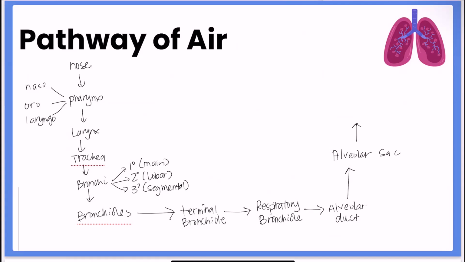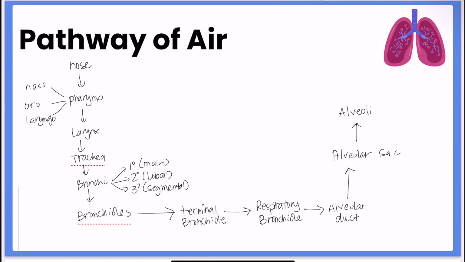And then one individual alveolus is the grapes. So there's many of them, so we'll call them alveoli. Alveoli. Cluster of grapes. That's not a W. Alveoli. And then gas exchange occurs, right?